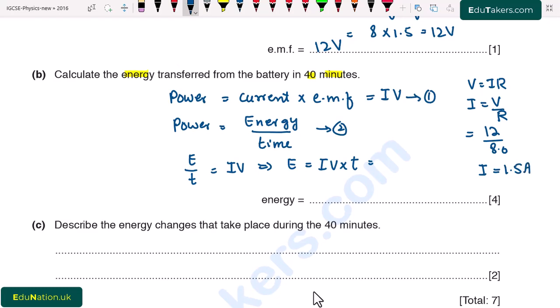Now I am going to put the value of current into the equation of energy, so energy will be equal to 1.5 multiplied by the EMF, 12 volt, and time is given, which is 40 minutes, and we have to convert 40 minutes into seconds. So I write here 40 multiplied by 60, so the value of energy comes to be 43,000 joule. I write here energy is equal to 43,000 joule.